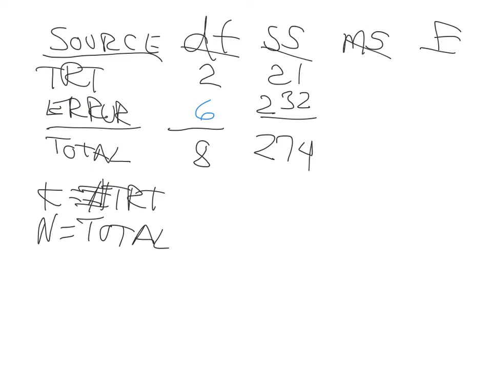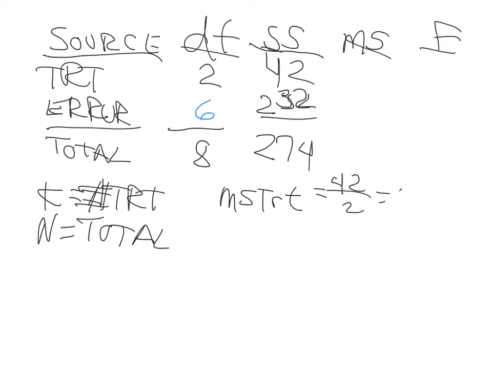All right. Now I need to get my mean square, and I put the wrong numbers in. Sorry about that. I was one step ahead. Okay, that's 42. All right, so then my mean square treatment is going to be 42 over 2, which is 21.